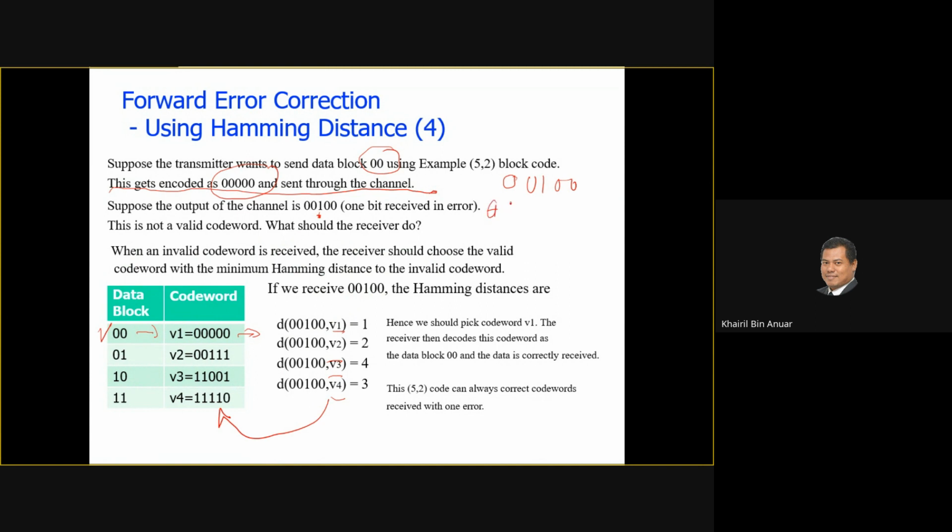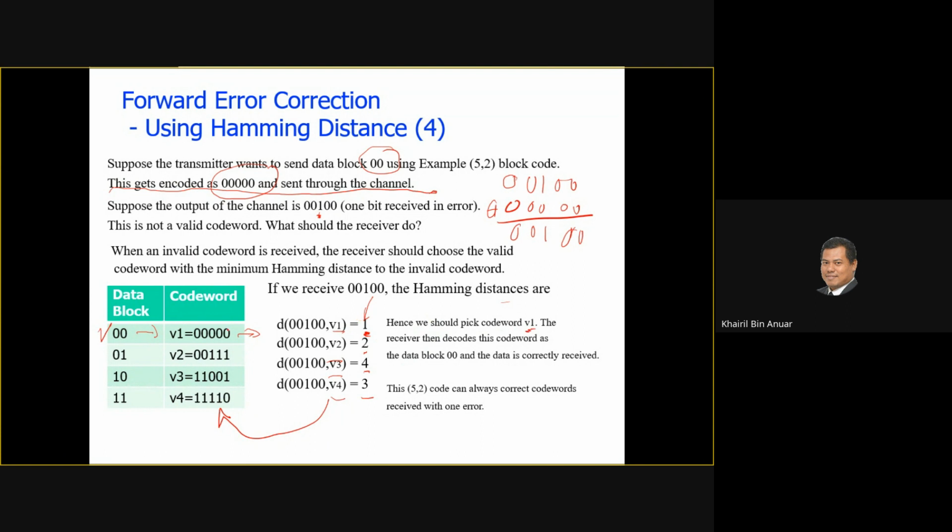B1 is 00000, and you have 00100. So now your minimum distance is 1. Then you have 2, 3, 2, 4, and 3. From this we can see that the minimum one is 1. Hence we should pick the code word of B1.